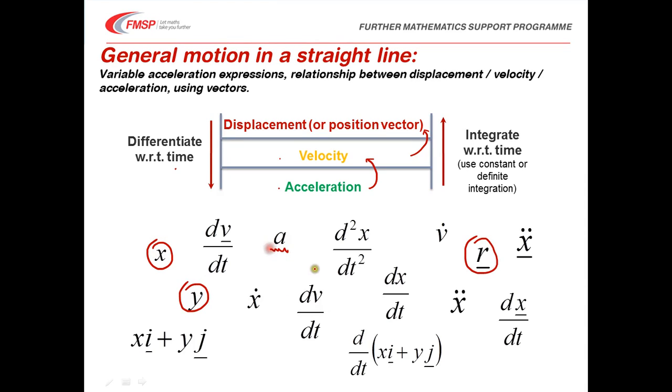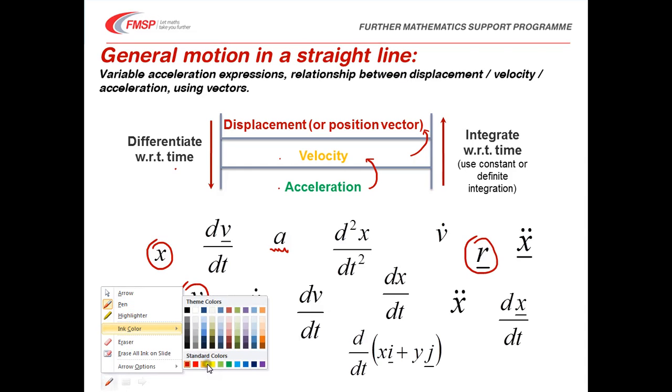I'm going to put a wiggly line under a here because sometimes a can represent a distance. I'm going to mention that as a possibility that it can sometimes be acceleration, but it could also be considered as displacement. This vector expression down at the bottom here is also a displacement. That's a position vector of a point. And all of these can be used to represent various displacements.